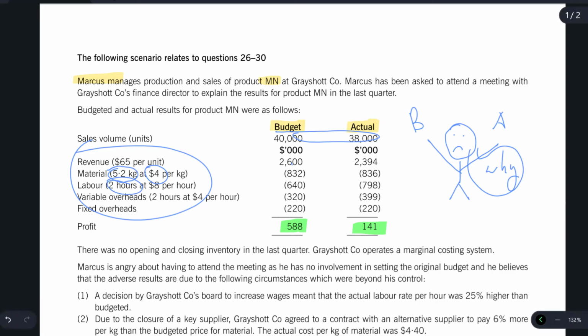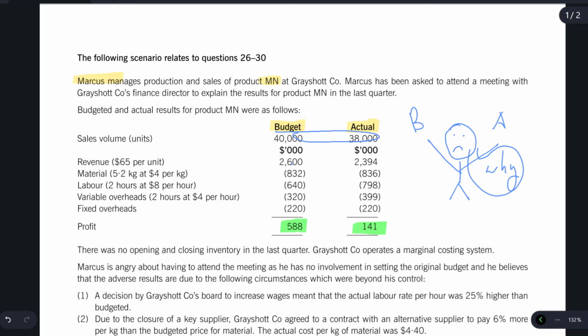Maybe the workers took longer per unit. They went slower. They were less motivated. Maybe we paid the workers more than we expected when we set the budget. Team, variance analysis helps us answer all of those questions so we can explain to anyone in the business what went wrong, why profit is actually lower than the budget.